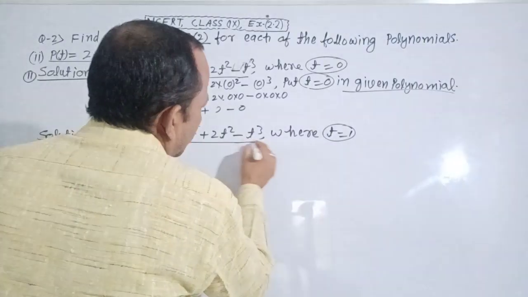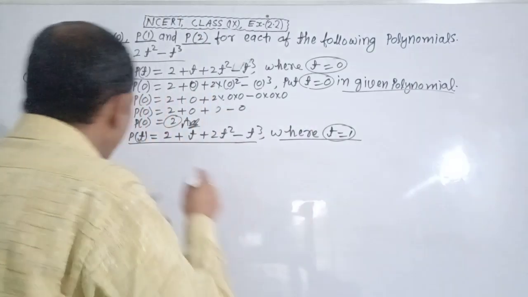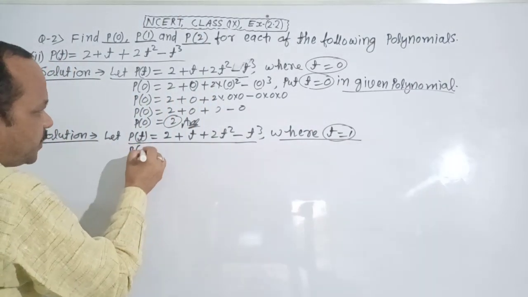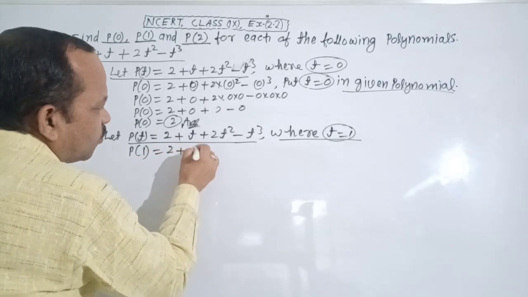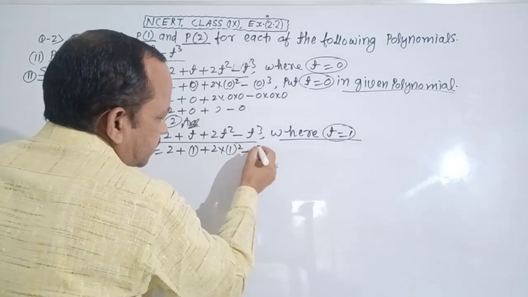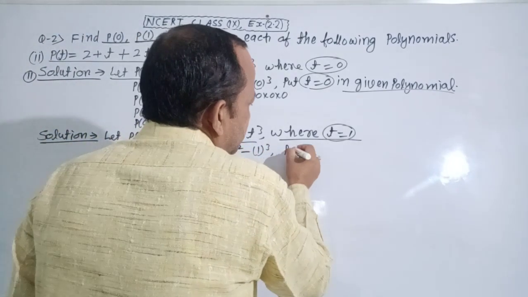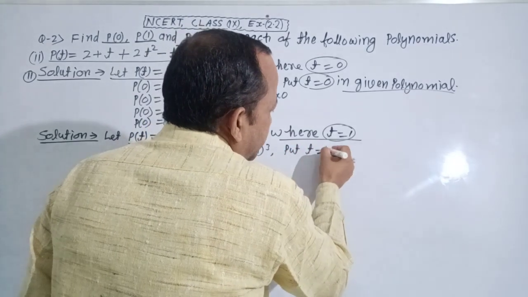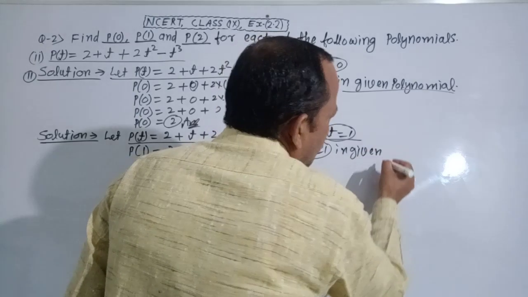It is the given polynomial and put t equal to 1. It becomes p(1) equal to 2 plus 1 plus 2 multiplied by 1 square minus 1 cube. Put t equal to 1 in the given polynomial.